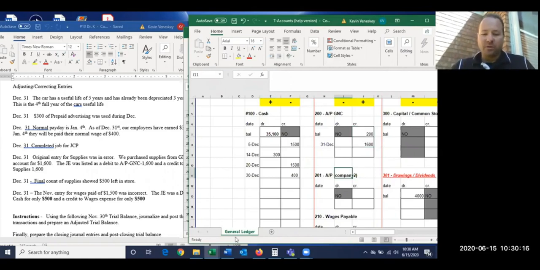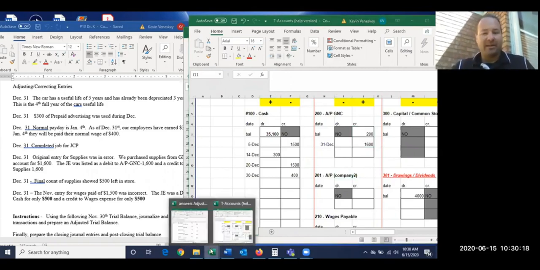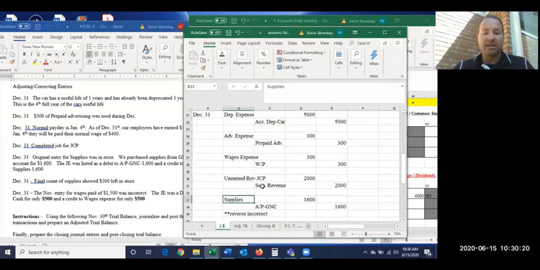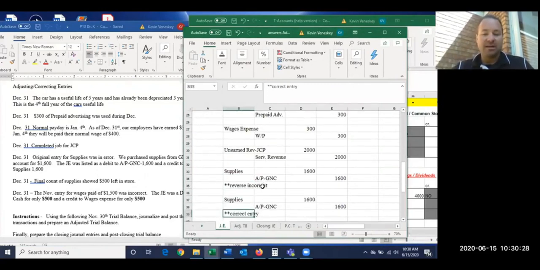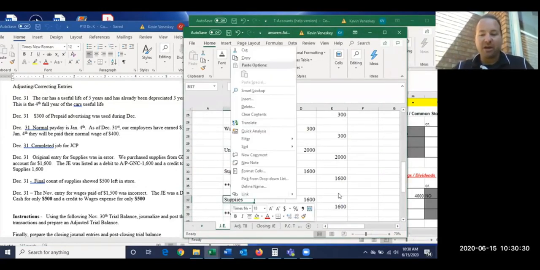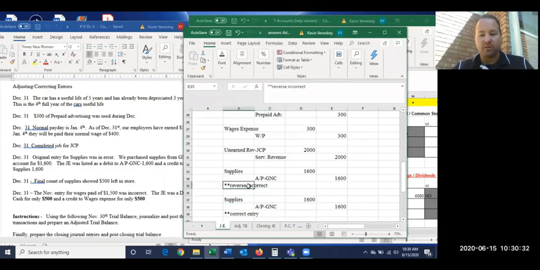Now, all we've done so far is just undo the bad thing. We now have to update to the real entry. And you might be able to see this already, but if not, the real entry is exactly the same as what the undo entry was. When we undid the entry, we should have debited our supplies by $1,600.